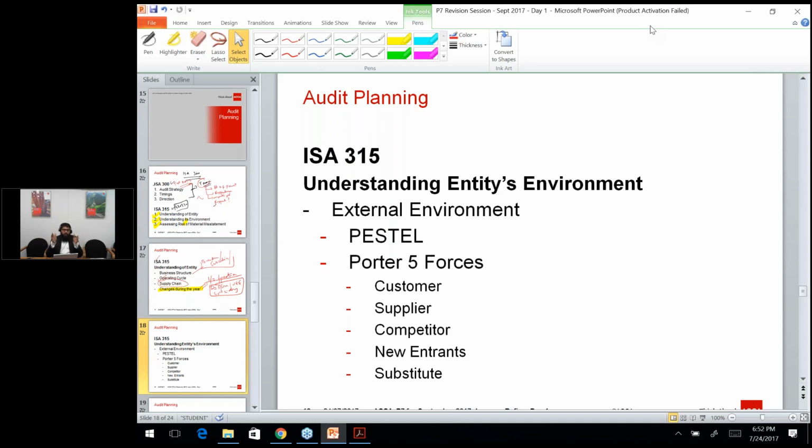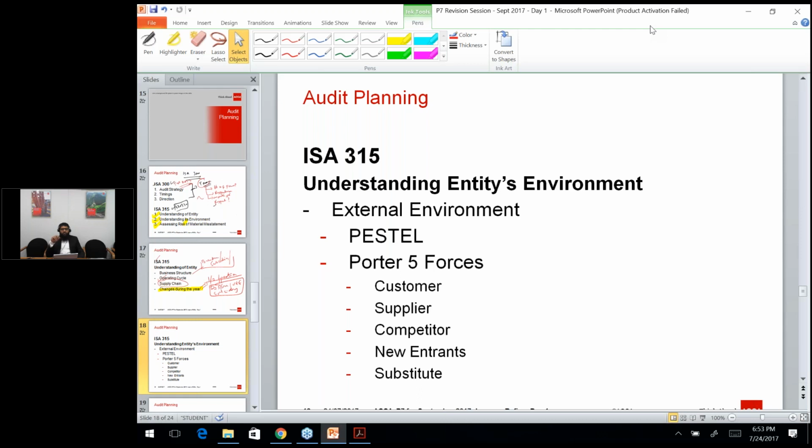You are performing the audit of financial statements, and a lot of elements in the financial statements are affected by the overall environment of the entity. Whatever is happening in the external environment of the entity has an impact on the items reflected in the financial statements. So it's not just about the entity, it's about understanding the entity's environment also.